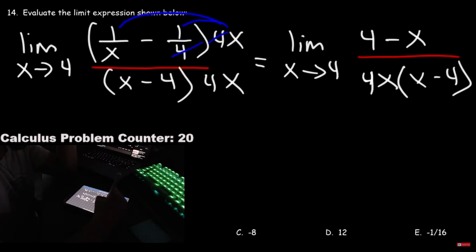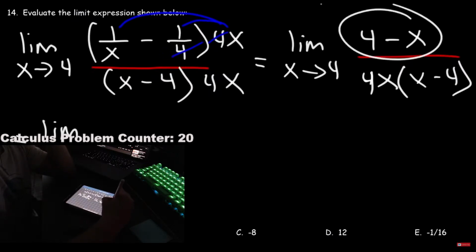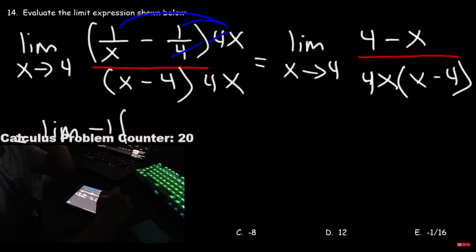Now, what's our next step here? What do you think we need to do at this point? What I recommend doing is factoring out a negative 1 from 4 minus x. If you take out a negative 1 from negative x, negative x changes to positive x. And if you take out a negative 1 from positive 4, it becomes negative 4.